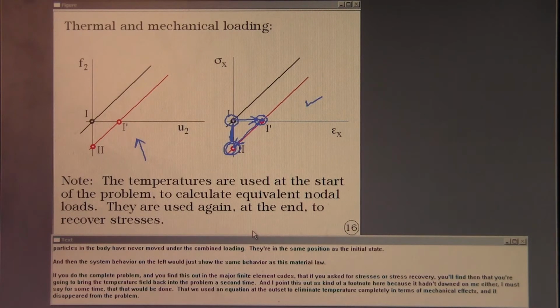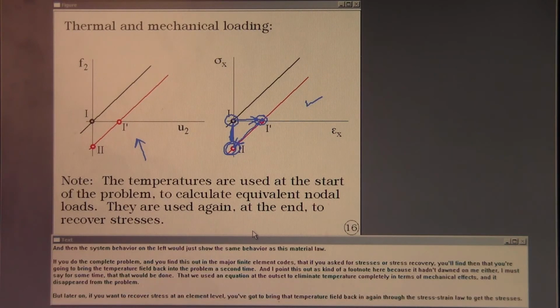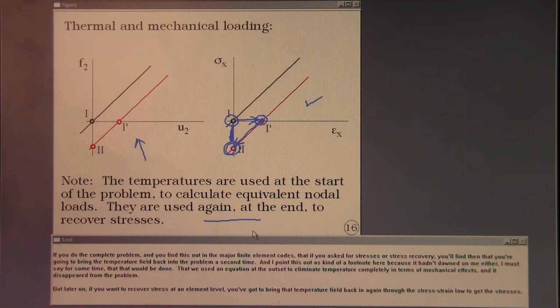If you do the complete problem, and you find this out in the major finite element codes, that if you ask for stresses or stress recovery, you'll find then that you're going to bring the temperature field back into the problem a second time. And I point this out as kind of a footnote here, because it hadn't dawned on me either, I must say, for some time that that would be done.